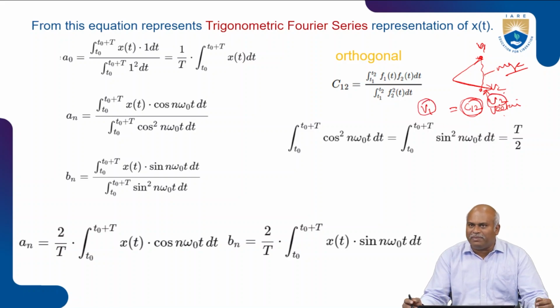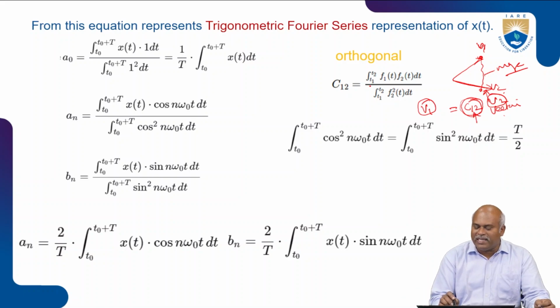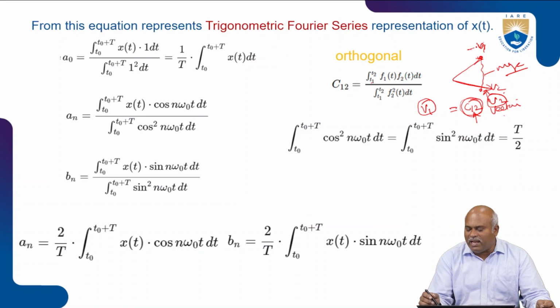If the signal is represented as orthogonal, then the vector coefficient C12 is equal to the integration over the interval between V1 and V2, which will be represented as time. It is the integral from T1 to T2 of F1 of t and F2 of t dt. This value I represent as F1 of t, so V1 is equal to F1 of t and V2 is equal to F2 of t.